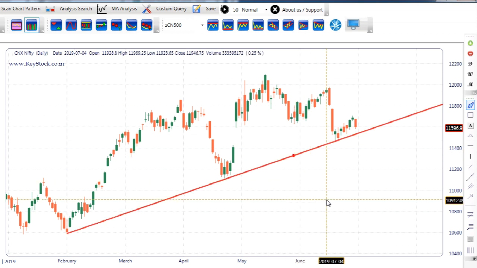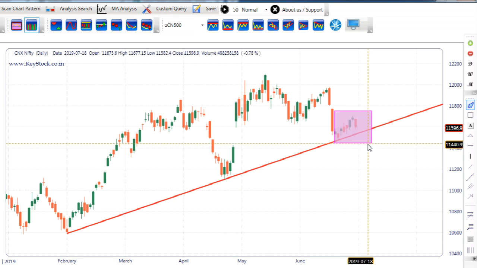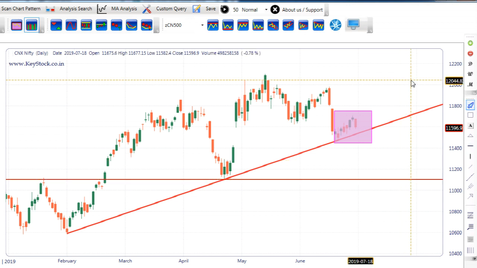Now you can see, after finding the support, the price is going up, but at a very slow speed. So it's a kind of consolidation, and if the price goes below this trend line, it can go at a much faster speed and near to its previous lower pivot.